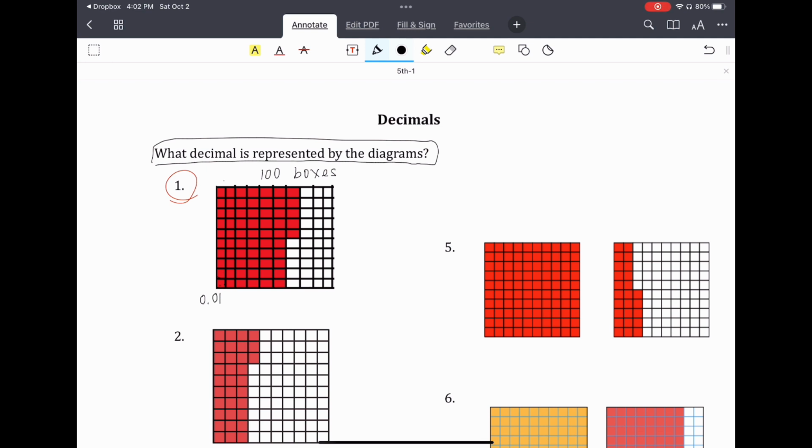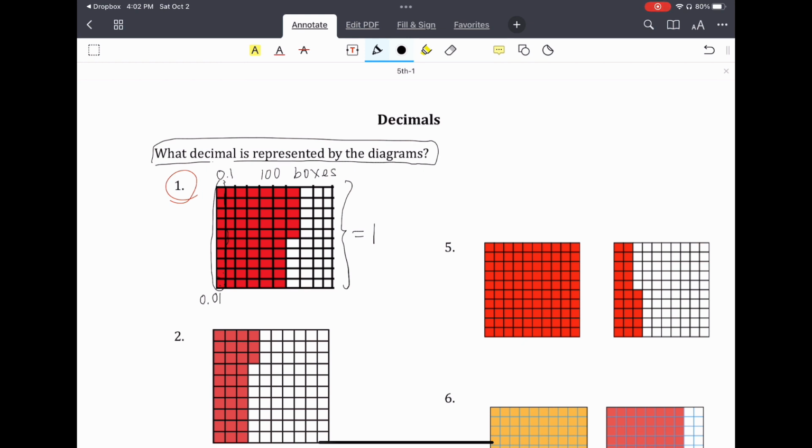So if you have 10 of 0.01, which is this whole column, that will equal 0.1. And if we have 10 columns at 0.1, that means this whole box is equal to 1.